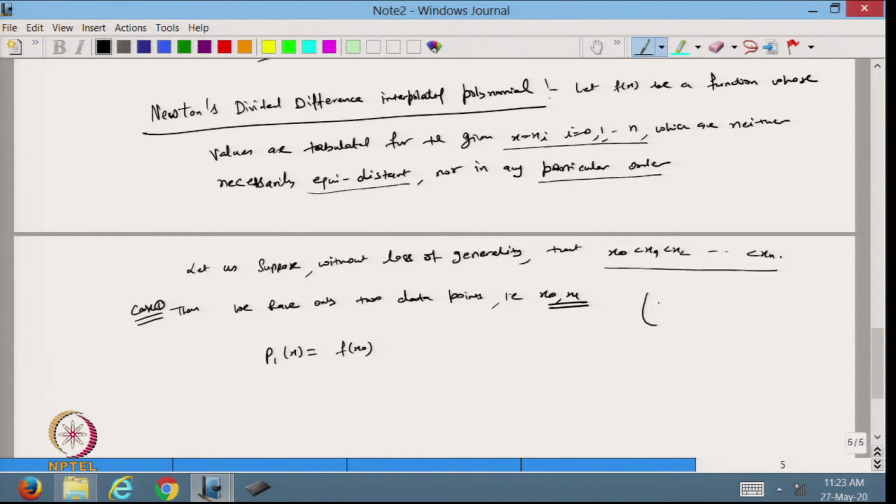So, data points are like this one, x_i's and corresponding y_i's, i is moving from 0, 1, 2 up to n, and y_i is equal to f at x_i. So, that is already given to us. So, I will put f(x0) plus, then I put (x minus x0) and the first divided difference, that is f[x0, x1].